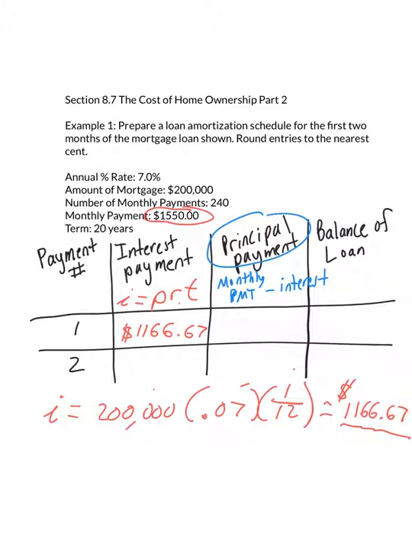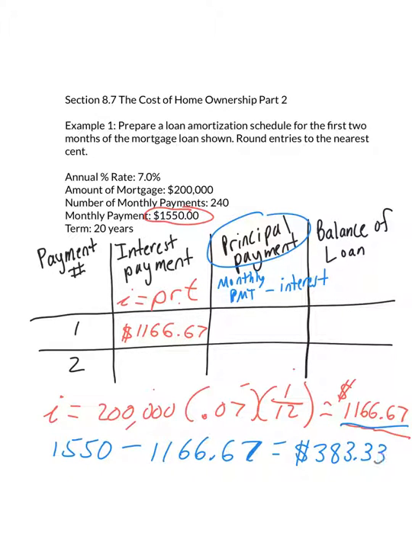Our monthly payment was $1,550 according to the original problem, minus the interest, the portion of that monthly payment going towards interest we just found in step 1 was $1,166.67. Go ahead and subtract it out, and what's left to go towards the principal, to go towards paying back the loan, the mortgage, is only $383.33.